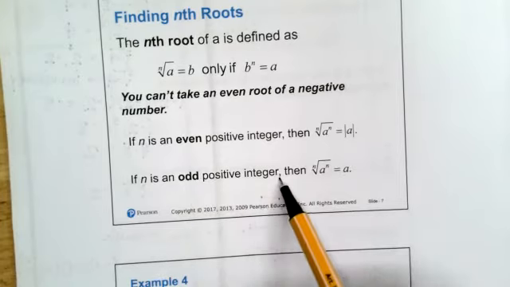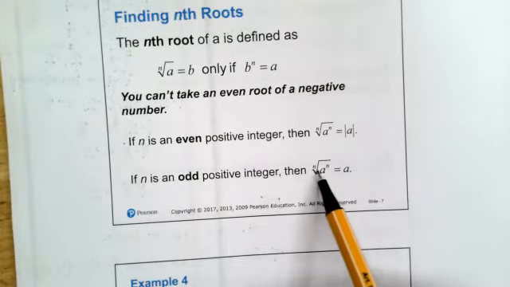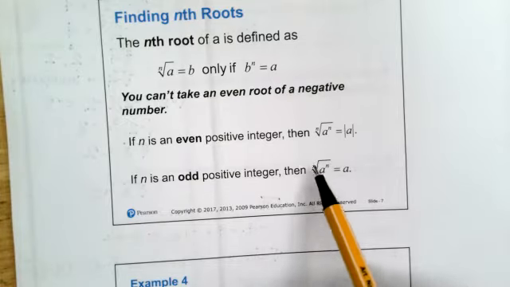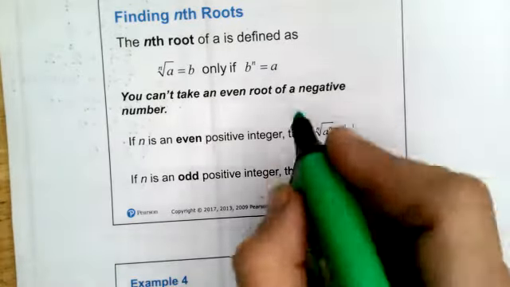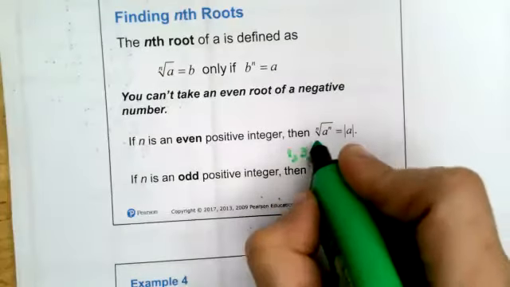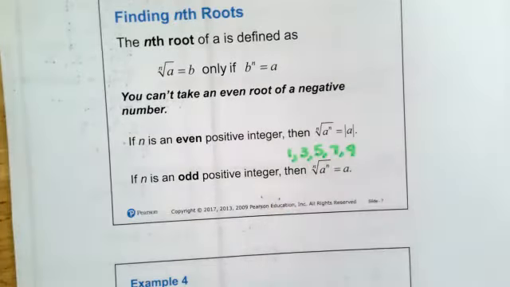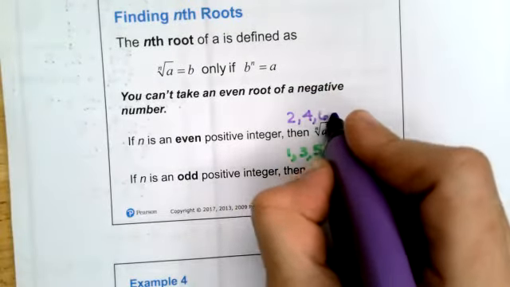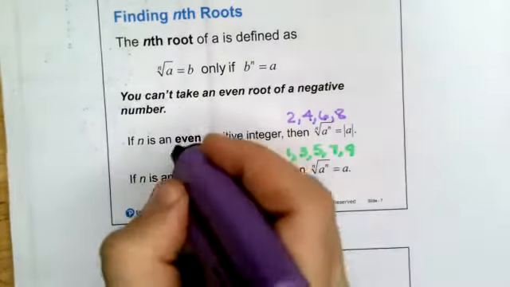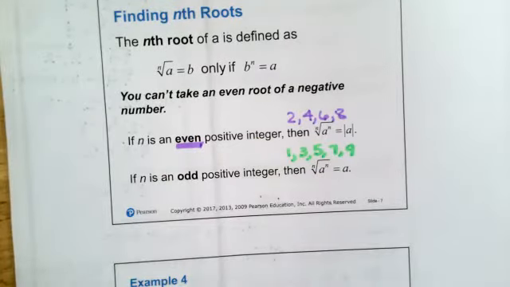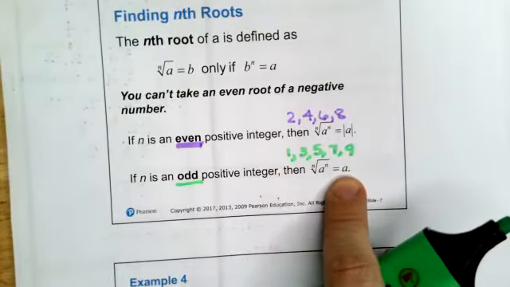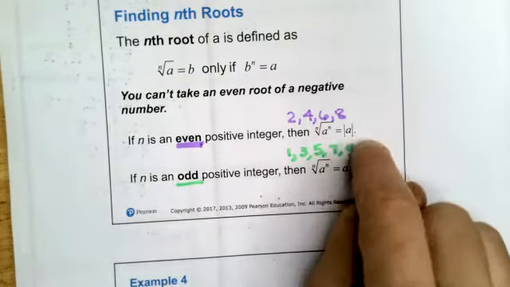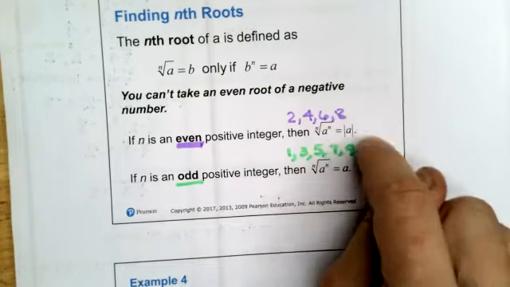But if n is an odd positive integer, like 1, 3, 5, 7, or 9 rather than 2, 4, 6, or 8, then your answer might be negative. But notice that if it's even, your answer is always going to be a positive number. It's inside the absolute value bars, so it's going to come out positive.